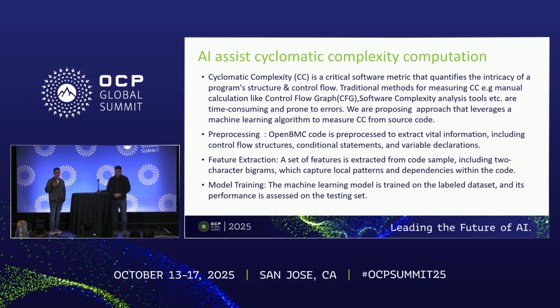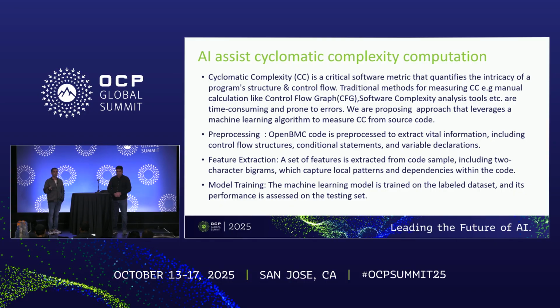We are integrating this as part of the tool to have simpler code, so that the test suite and unit tests are not complex, but simple enough. The standard methods use a manual process like CFGs, control flow graphs, or static tools to do this.